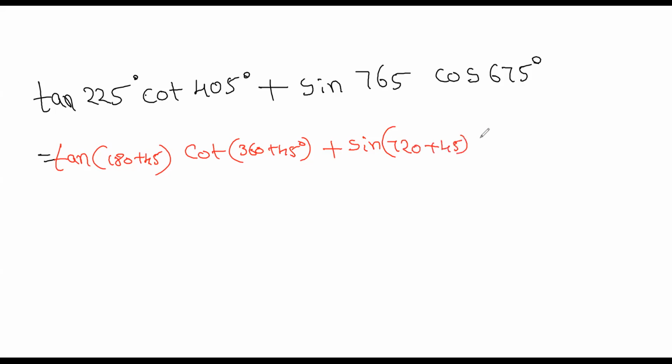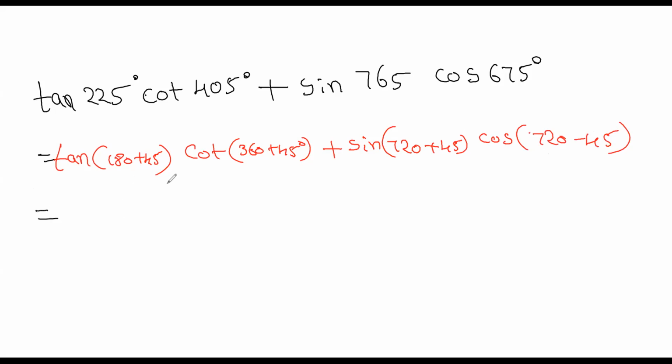And same for cos 675, it will be cos of 720 minus 45. Now we just have to write the formulas.